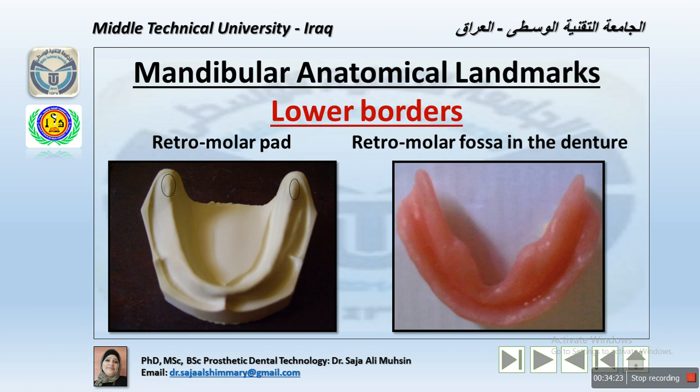That means the two-thirds in front of this retromolar pad is the last area on which the occlusal table will occlude, as I mentioned in many slides previously. The saddle is located like a saddle over the horse's back. This is the occlusal table. Otherwise, dislodging will occur, because this is movable tissue. And of course, the retromolar pad will create a retromolar fossa in the denture.